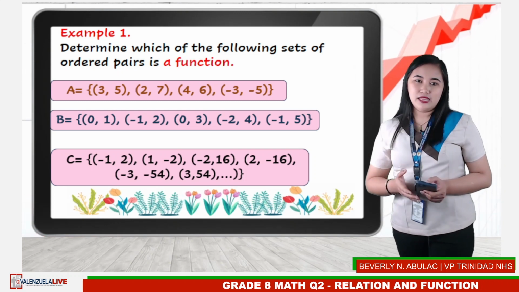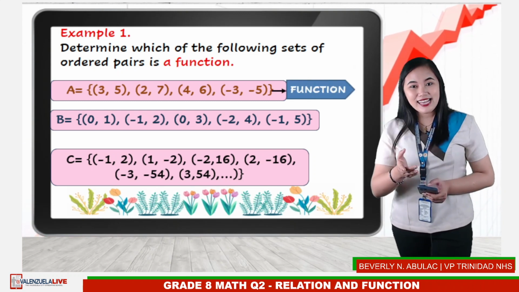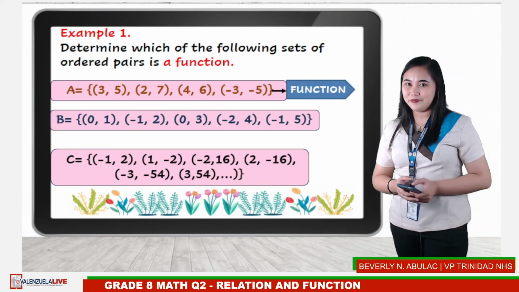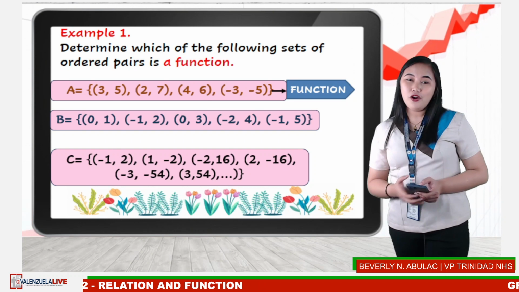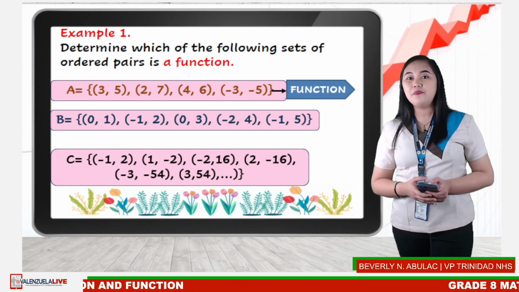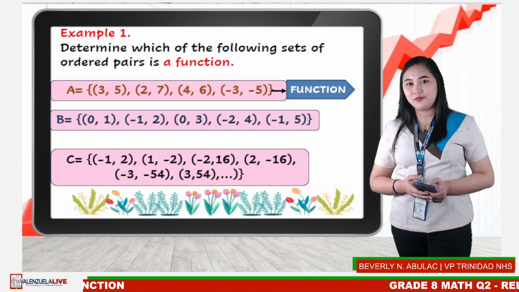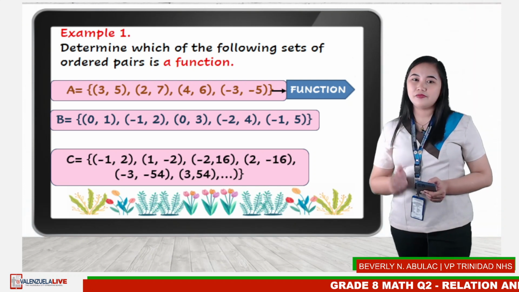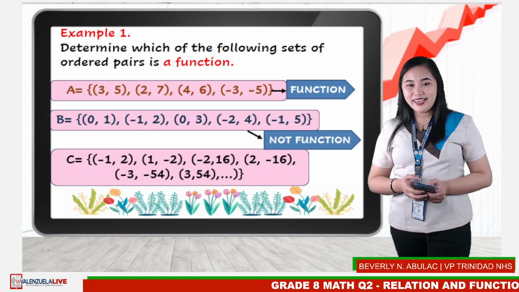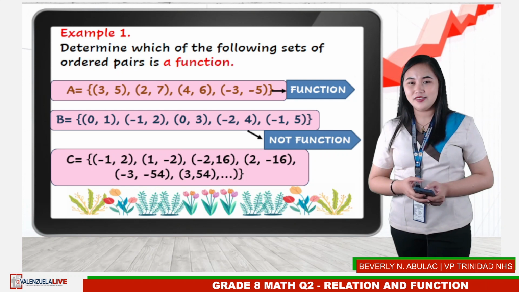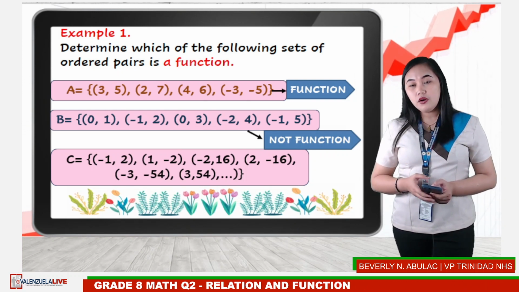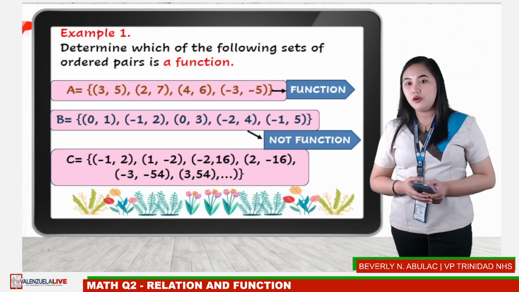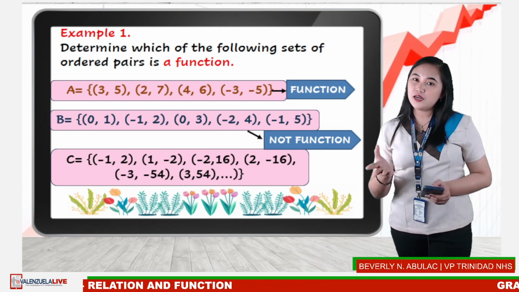So as you have noticed, set A is a function, since there are no distinct ordered pairs having the same first element. Next, set B is not a function, since ordered pairs (0, 1) and (0, 3) have the same first element.